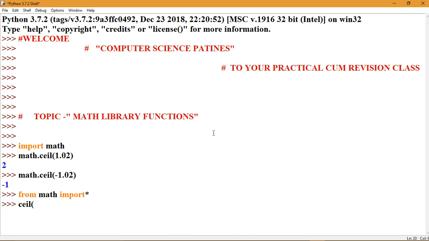Okay, so I'm again taking a negative number, 3.8, let us say. So I'm getting an answer. It's very easy. Every time I am not required to write math dot this, math dot this. The next function is the square root function, that will help you to calculate the square root.